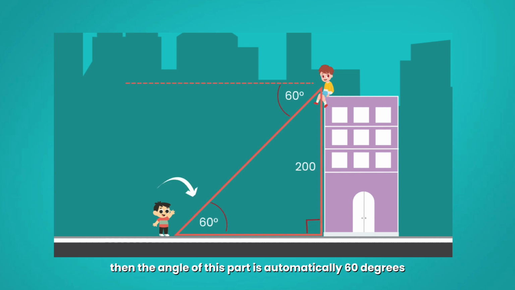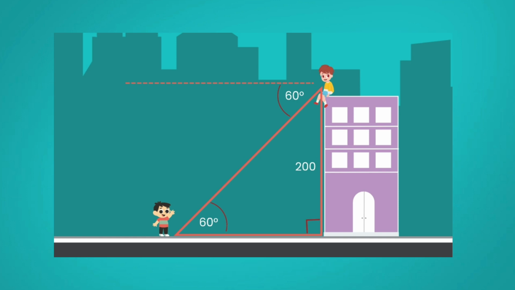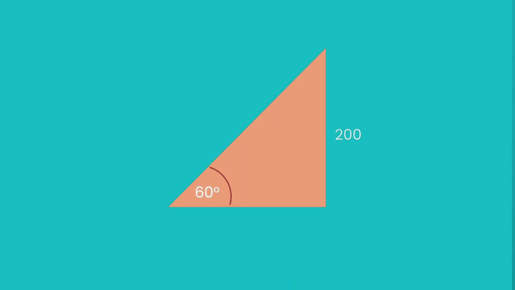Then the angle in this part is automatically 60 degrees because this angle is the pair of the outside angle. And also we assume that the ground is horizontal. So yeah, here we have the setup. So I can extract all that information into just a pure triangle. It will look like this.